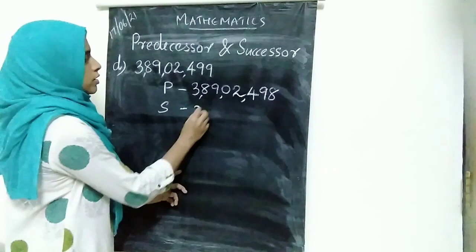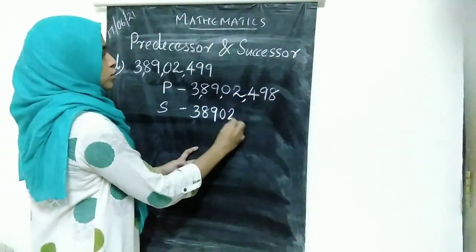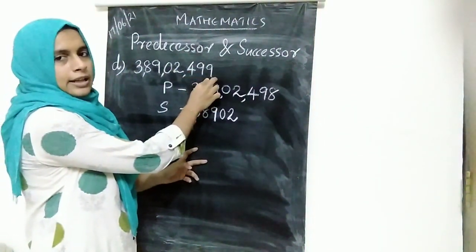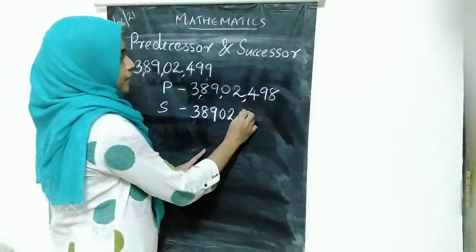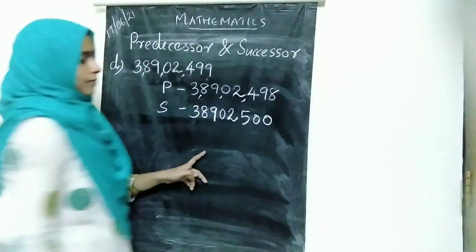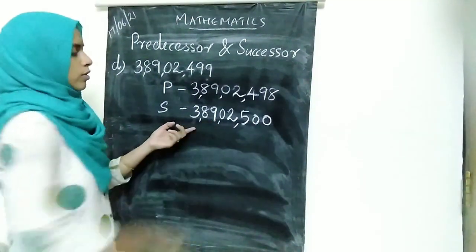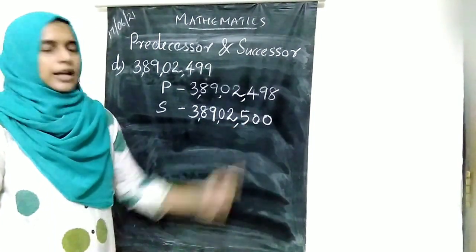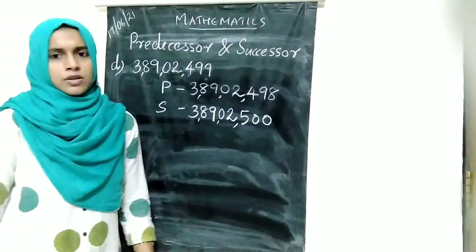Successor: 499 when you add 1 you will get 500. So, clear? 3 crore 89 lakh 2500 is the successor. Okay, so write that.